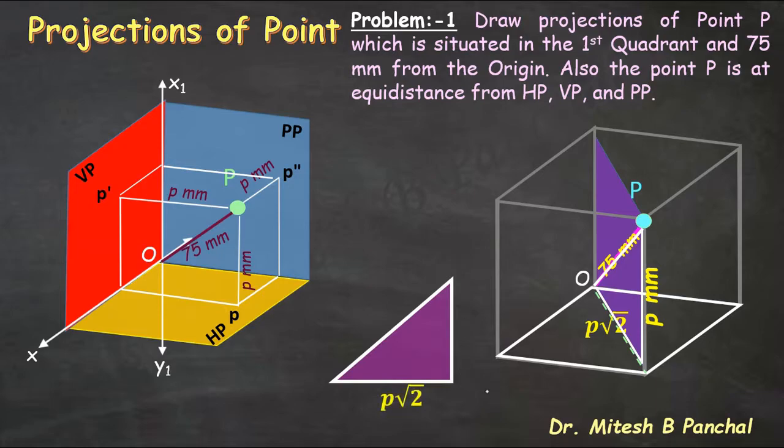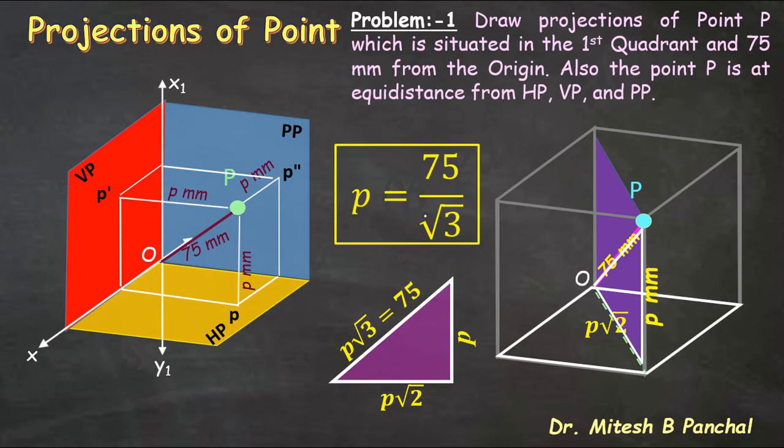This vertical side of the triangle is nothing but P. So applying Pythagoras theorem, we will get the third side, P under root 3, and that is given equal to 75 mm. So ultimately, by following this procedure, we can obtain P equal to 75 divided by root 3.